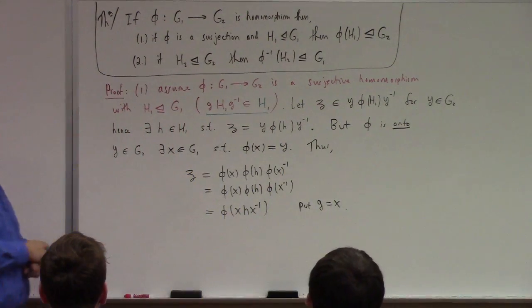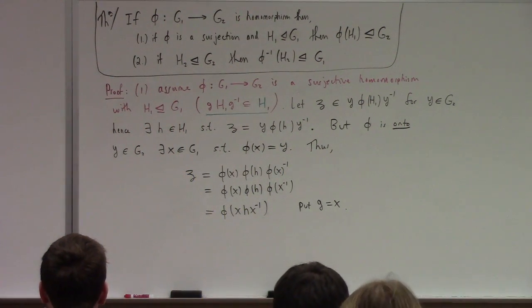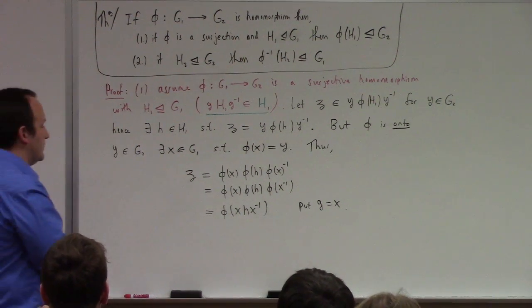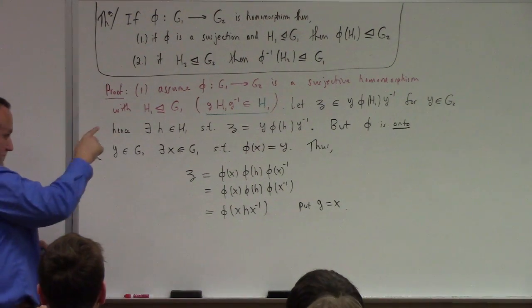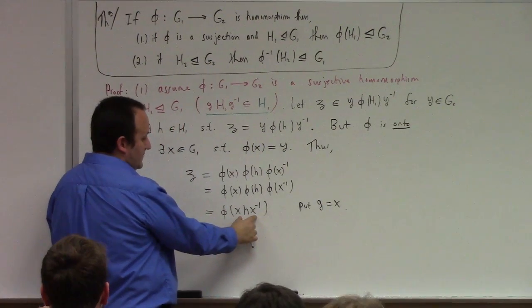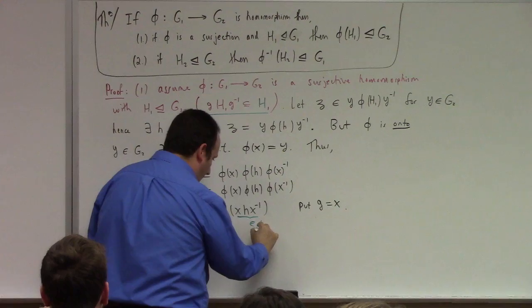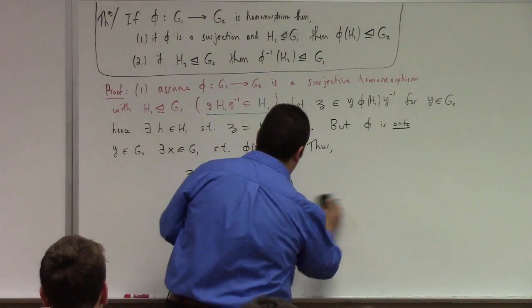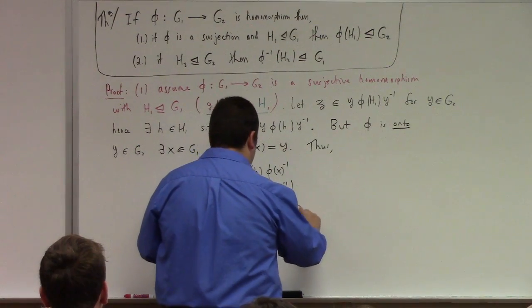Remember, Theorem 9.1 said that it's sufficient to check that it's a subset. So that cuts our work in half. It is true it's equal, but let's not work with that because that gives us twice as much work to do when we're checking normality. So this is an element of H1 because it's the conjugation of something in H1 by something in G1. So in total, this is an element of phi of H1.